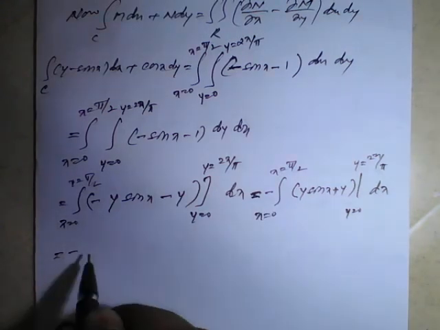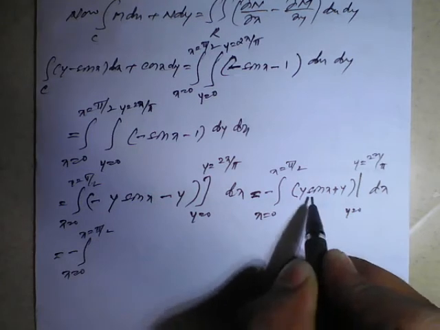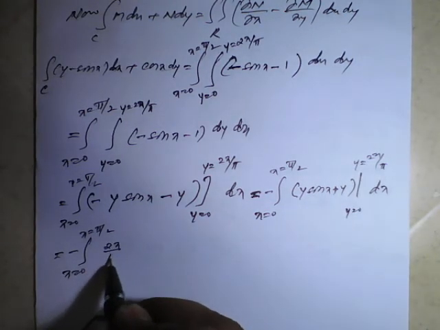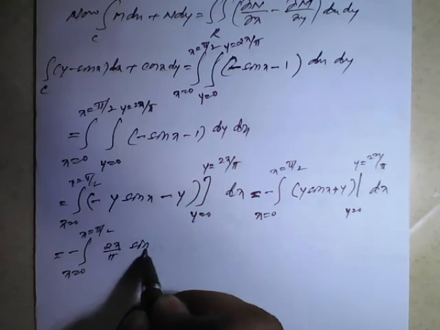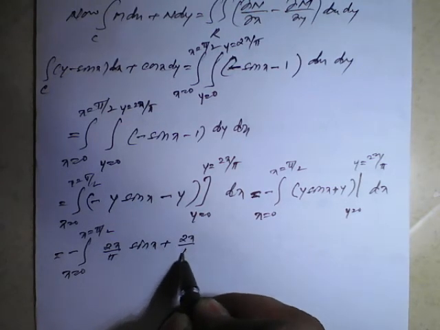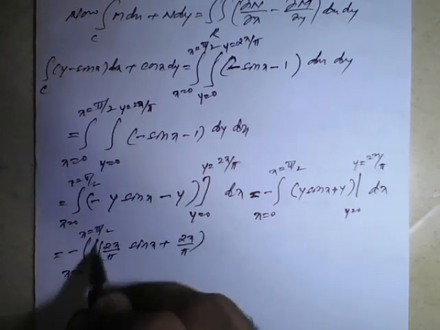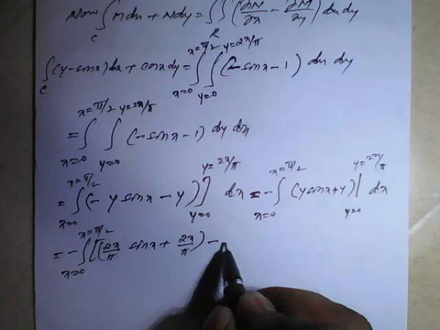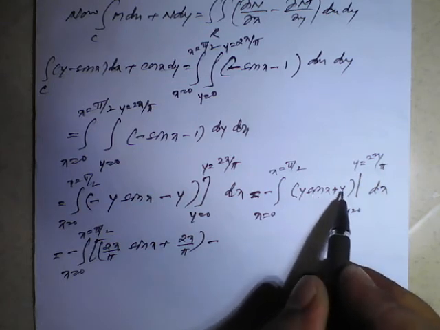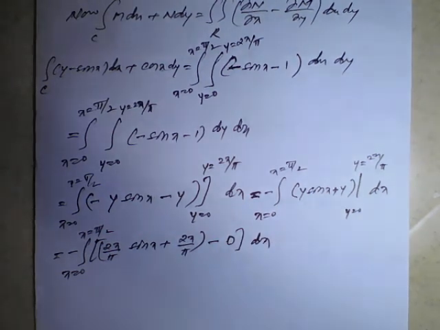So minus integration of x from 0 to x equals pi by 2, the y upper value is 2x upon pi of sin x plus 2x upon pi, upper limit, minus lower limit. When y is 0, 0 into anything is 0 plus 0, so the lower limit will be 0 itself, into dx.